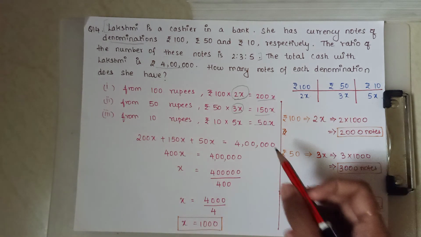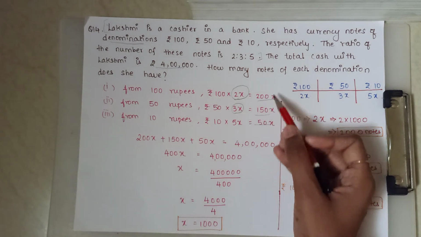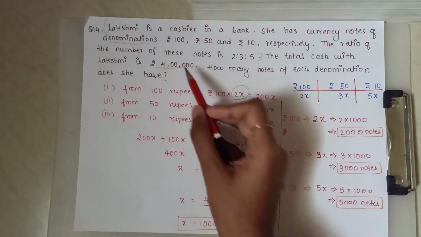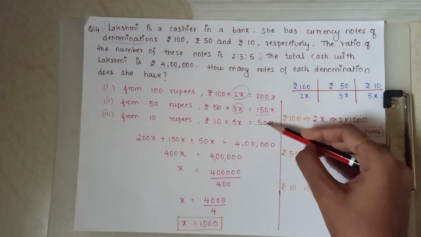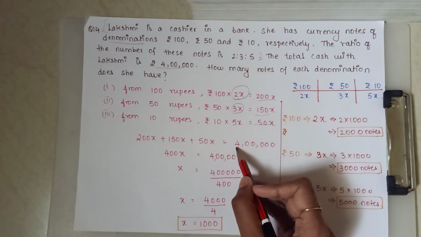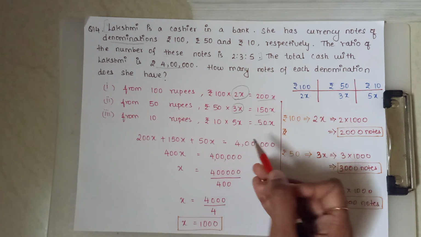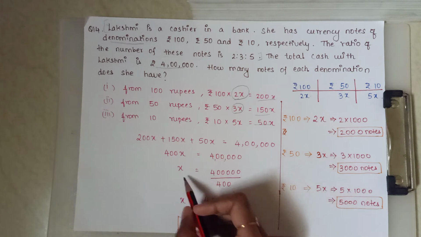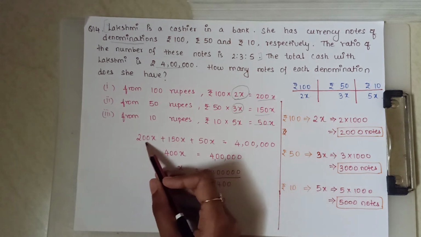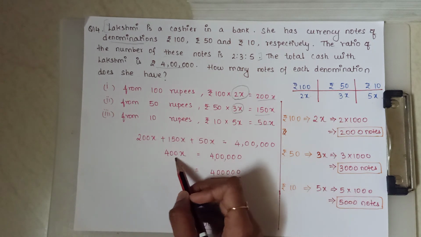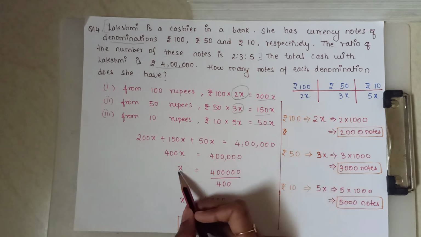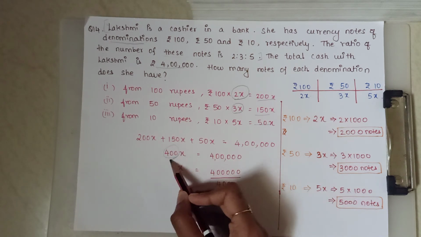After that, if we sum all this, the total cash with Lakshmi is 4 lakh. So if we add all this, the total she is having is 4 lakh. Here we got the equation. Now it's time to solve the equation, right? If we add all this, we get 400x equal to 4 lakh. Then remove this 400 to get the value of x.